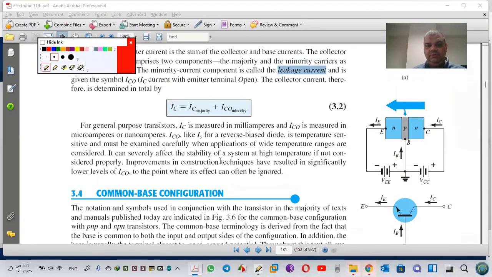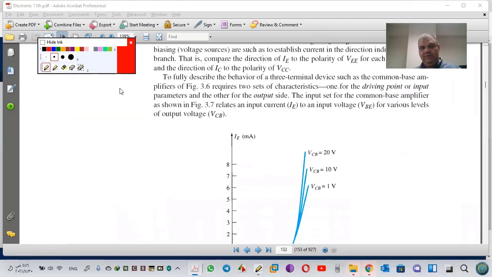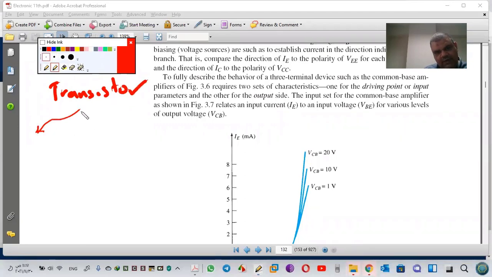Now, in the transistor, we have three connections. First, second, third. If you see this transistor, P, N, P for example, and this is the arrow: emitter, base, collector.